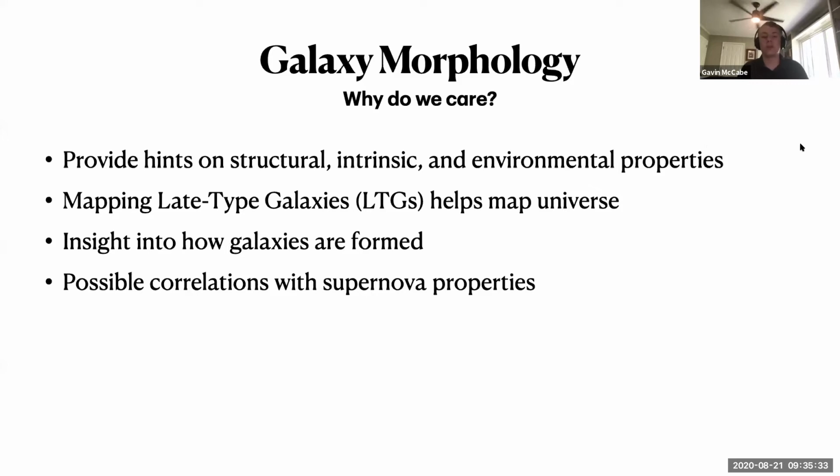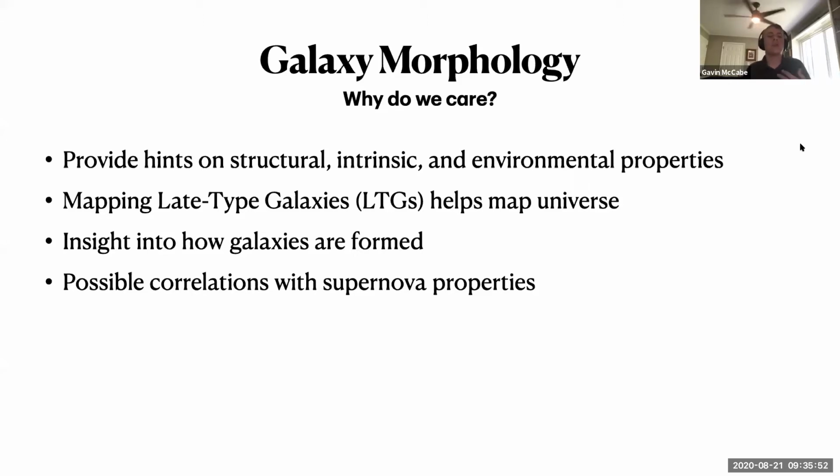So lots of stars are formed inside of those spiral galaxies. Mapping the late type galaxies, or the spiral galaxies, helps us to map the universe and its expansion, which is a huge field of study. And these can tell us a little bit of insight on how these galaxies are formed, which gives us a lot of information about the history of the universe.